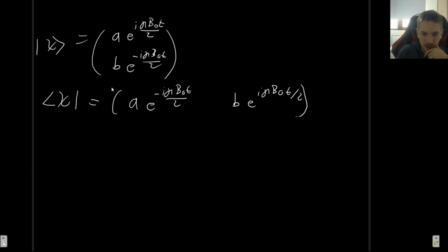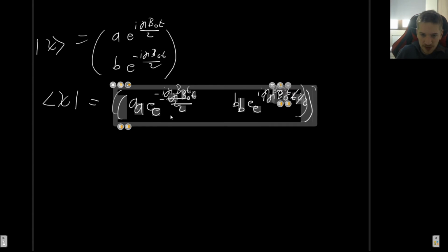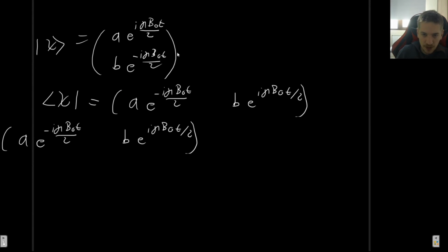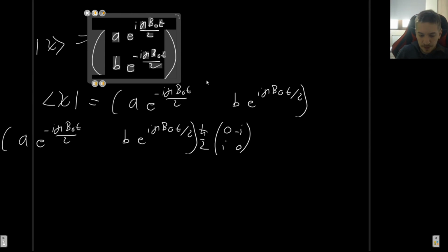Okay, so we now want to do the same thing that we just did, but now with the operator for Sy, which is going to be ħ divided by 2 times the Pauli matrix in the y direction, which is 0, minus i, i, 0. And then we have to put in the ket.